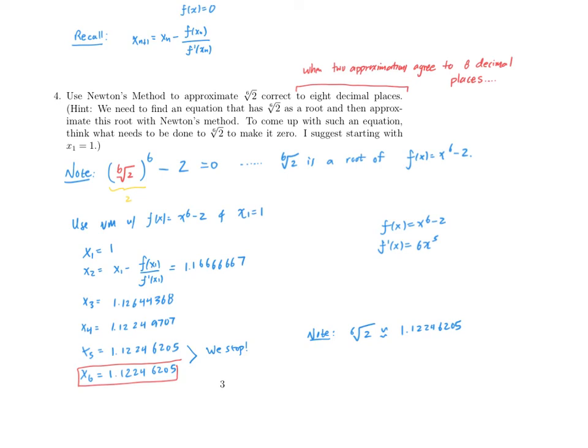But remember once again overall, what does Newton's method do? It does not solve an equation of the form f of x equals 0, but instead it approximates the solution to an equation of that form, and it's an iterative scheme. What that means is we start off with an initial guess x1, and we use that to generate a list of approximations, with the idea being each approximation is going to be better than the preceding one.